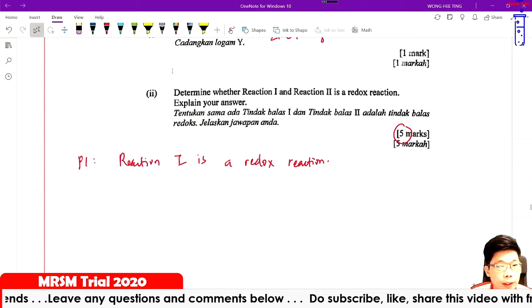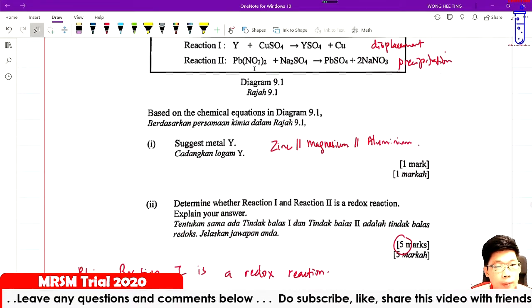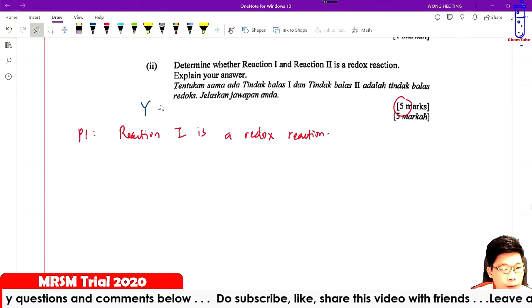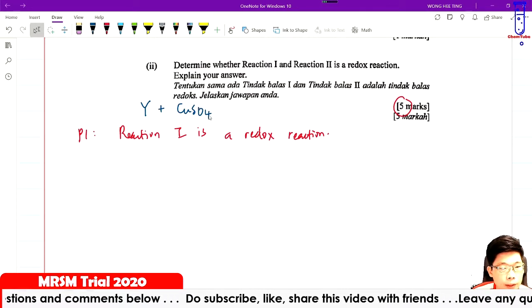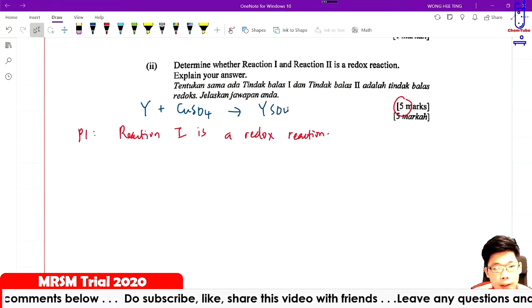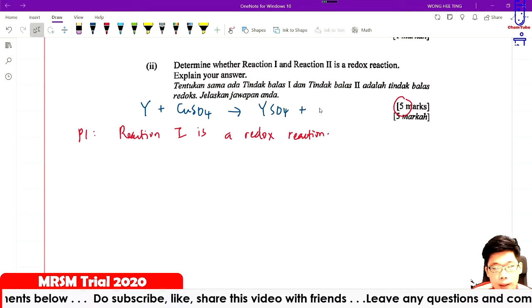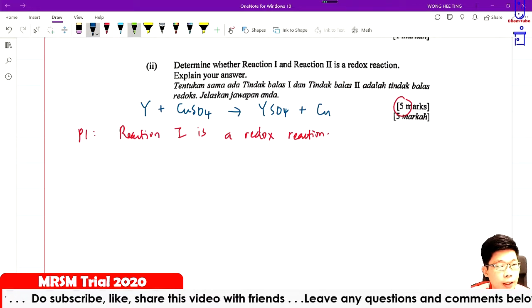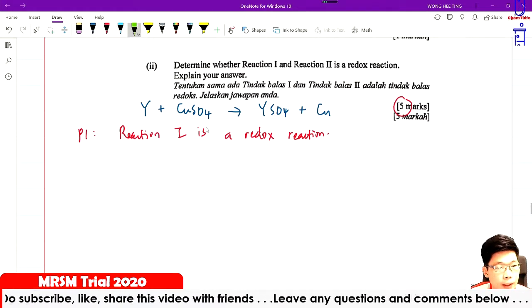The first one is the displacement, let's say Y with copper 2 sulfate, so it forms Y sulfate and copper. Now we can determine the oxidation number.